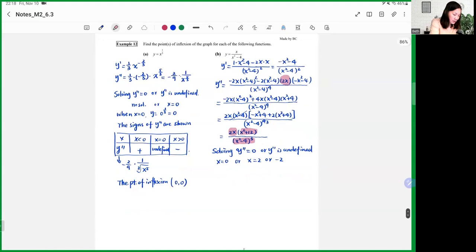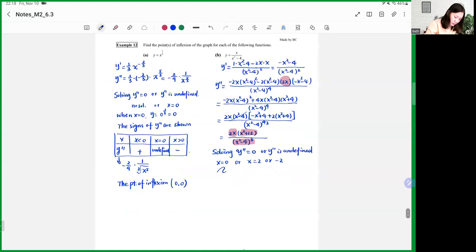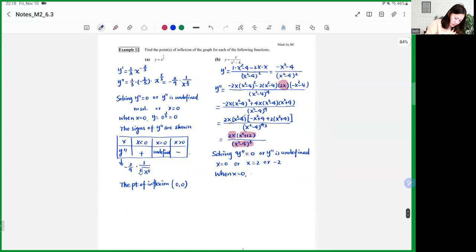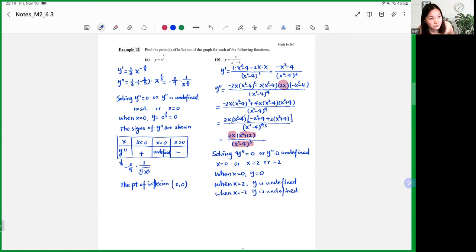Now, let's find out where the points are. So when x equals 0, y equals 0. When x equals 2, y is undefined. When x equals negative 2, y is undefined. Okay.